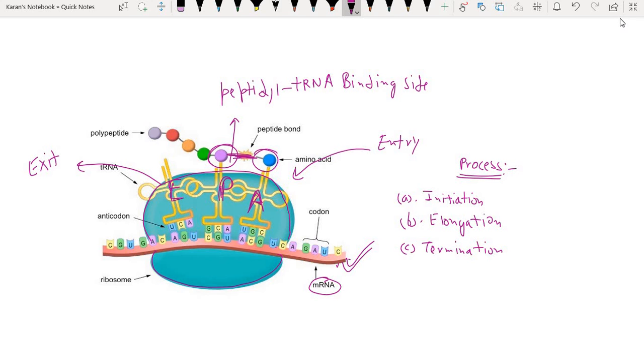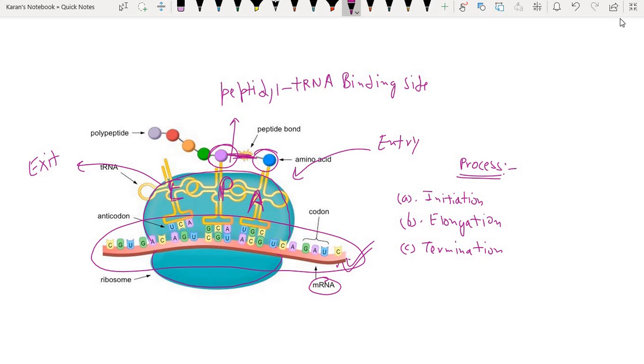Now during initiation the whole process gets started, and you can see the translation unit. This translation unit has the mRNA, and it has a start codon. From this start codon the process of translation will start, and then it will proceed as elongation.